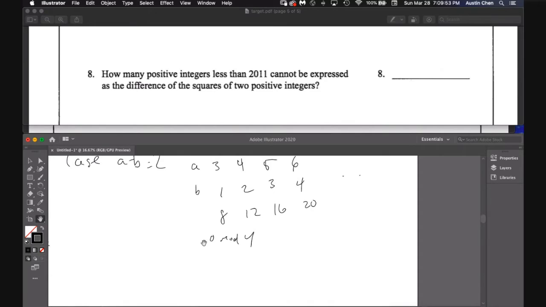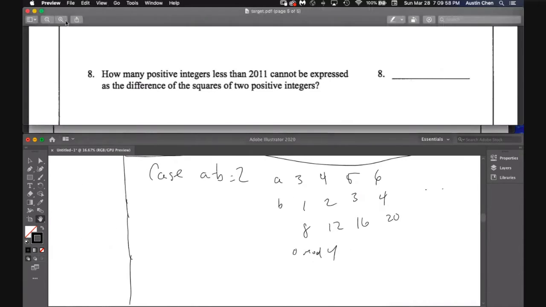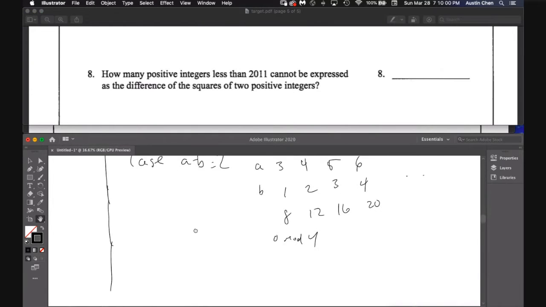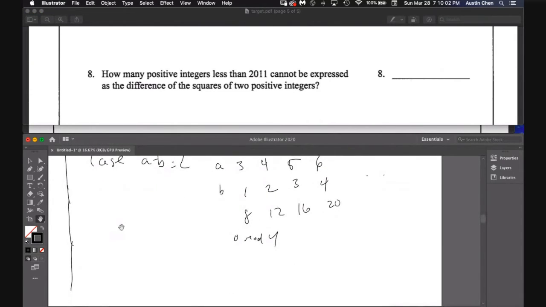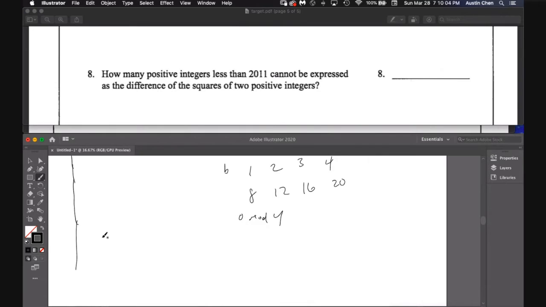So again, this is making some progress. We're getting some more information about the scenario. So I will write this in our case box here. I would say that all 0 mod 4 numbers are covered except for the number 4.